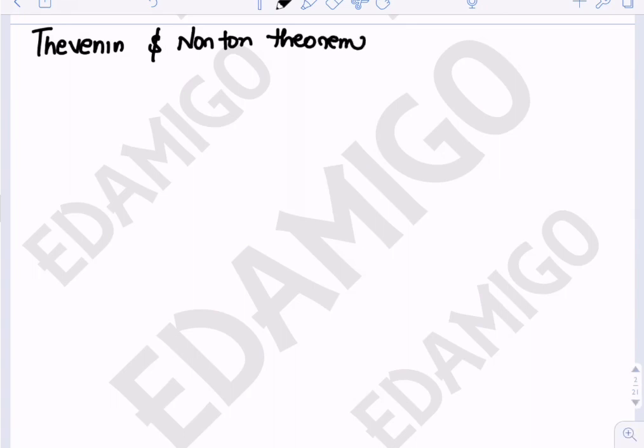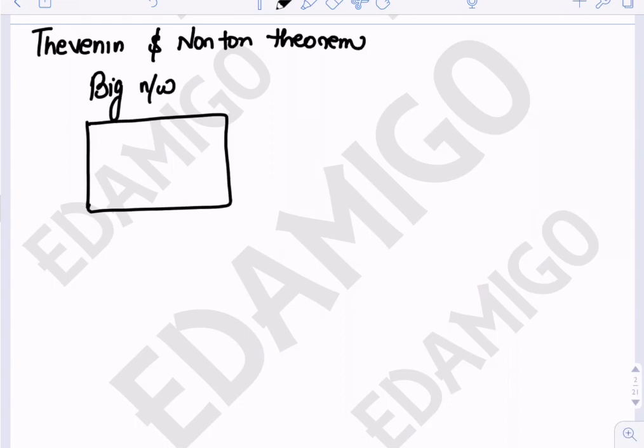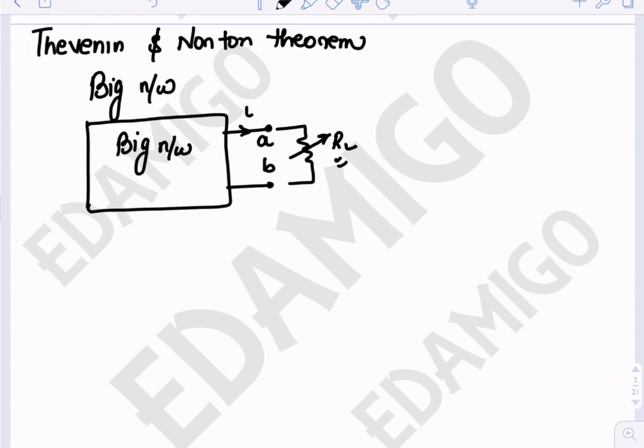Suppose you have a big network connected to a variable load between terminals A and B. Now every time this RL changes, obviously the current in this load RL will also change, and obviously the voltage across this RL will also change.